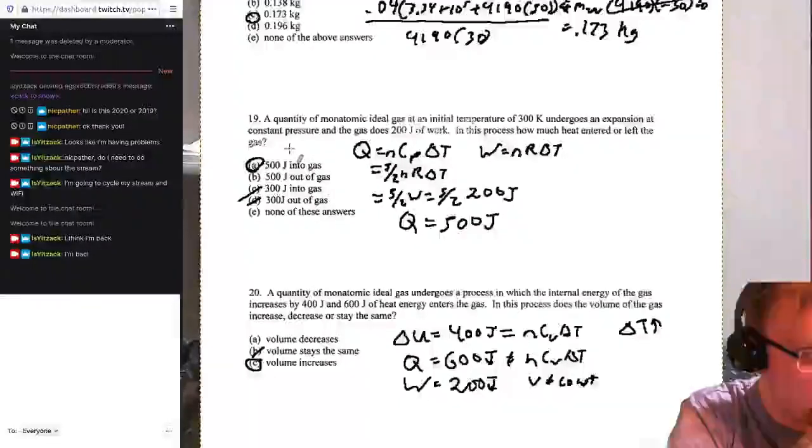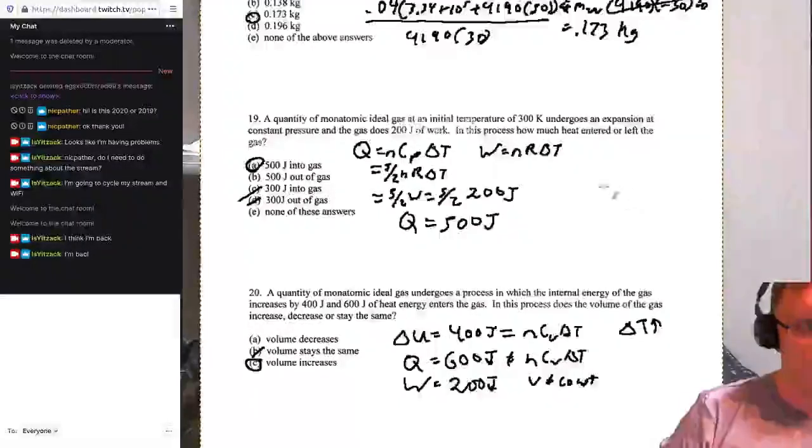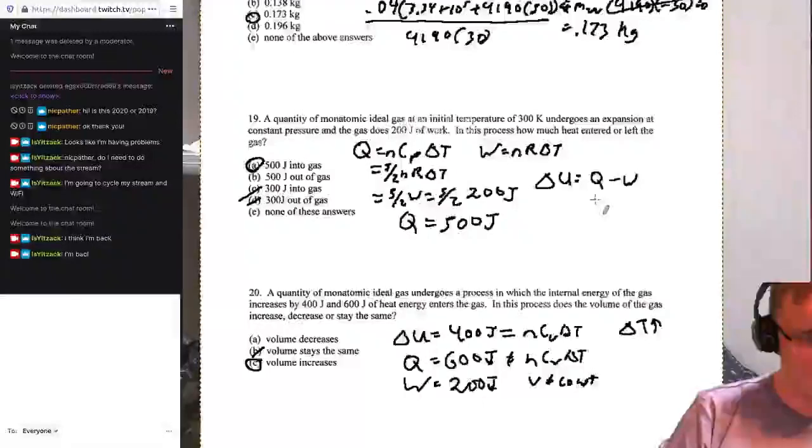The problem I'm having is sign convention. Delta U is equal to Q minus work, where Q is heat going in and work is work done.